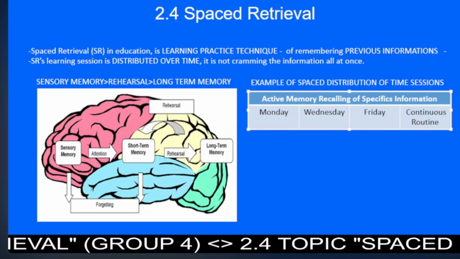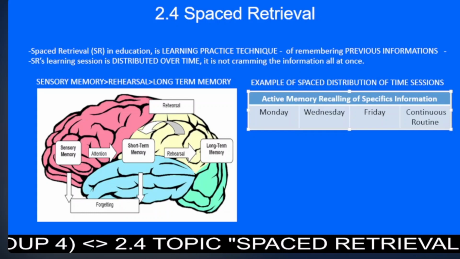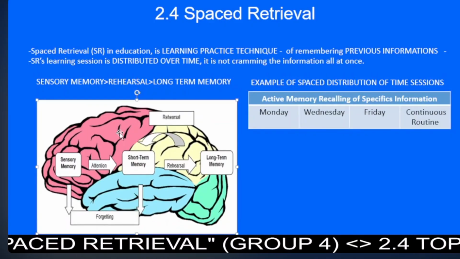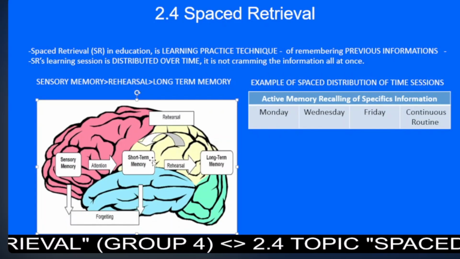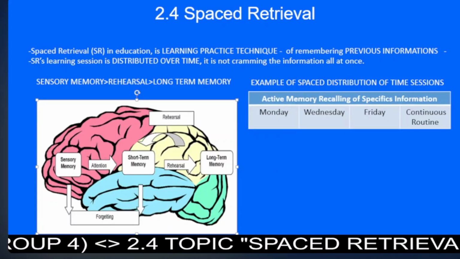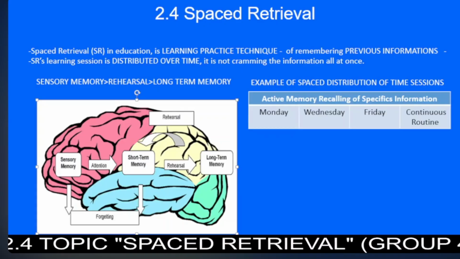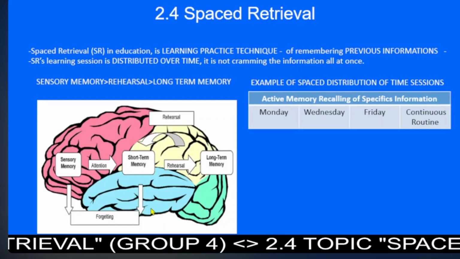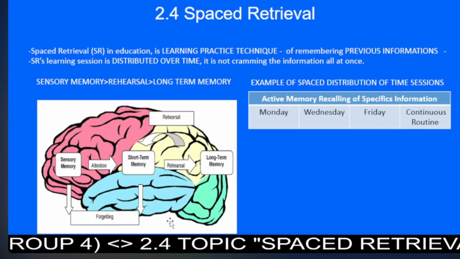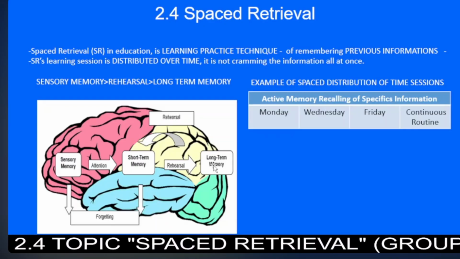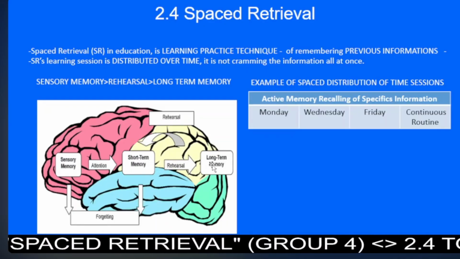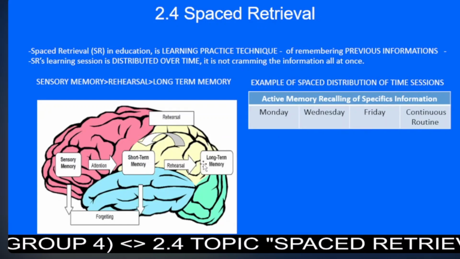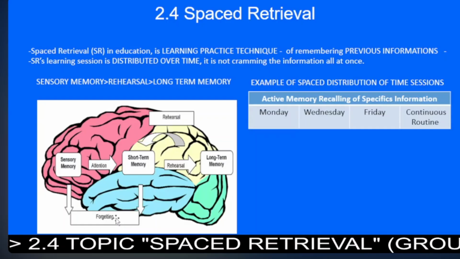And class, you can see also in the slides the graphic charts of what happens within the mind, why information can eventually be lost from memory. And also why, based on the memory cycle on the left side of the slide, the memory can be transferred to the long-term memory. This slide can answer the whys about forgetting and remembering in the long-term memory.